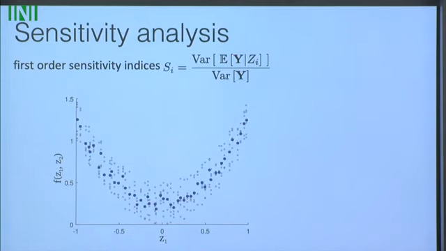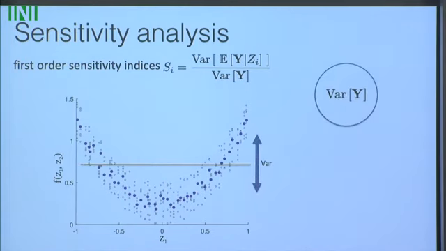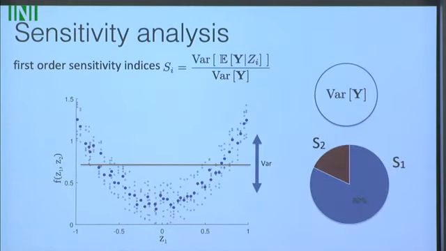It means the conditionally expected value: for each value of z1 you average, then you compute the variation in z1 like this, and then you divide by the total variance of the function. In this case we have computed S1, which accounts for quite a lot of the variance in the model prediction.